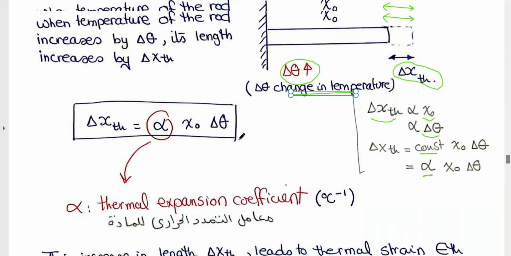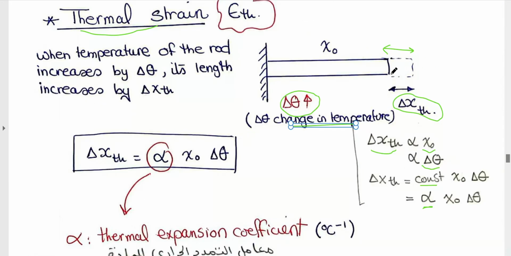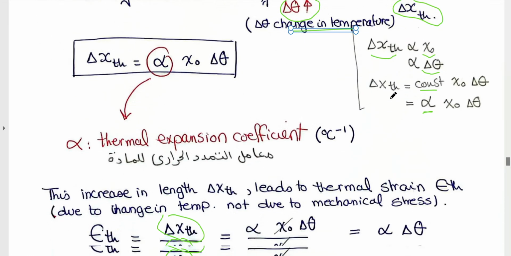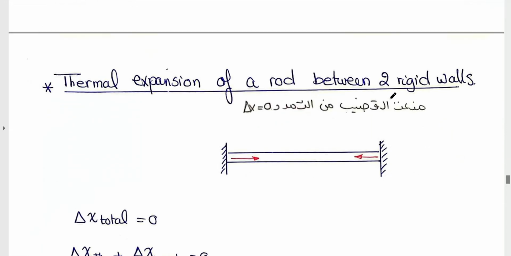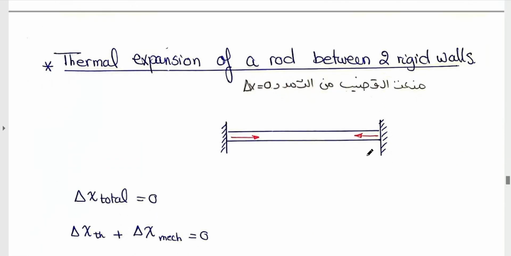This can happen and will not affect anything about the rod. But this thermal strain will make mechanical force if I put this rod between two rigid walls. I will study the case when I put this rod between two rigid walls. Thermal expansion happens between two rigid walls.